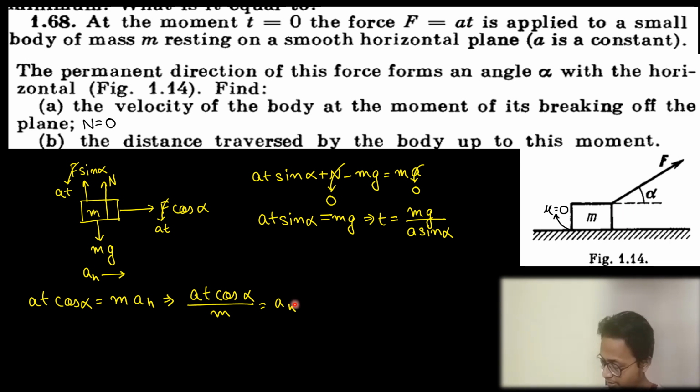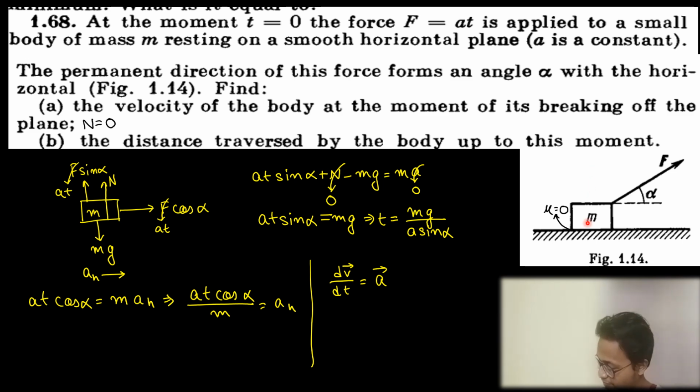Now see, the acceleration is also varying with respect to time. So how do I find the velocity when the body breaks contact? Can I say dv by dt is equal to, sorry, dv by dt is equal to acceleration. So the rate of change of total velocity is equal to total acceleration.